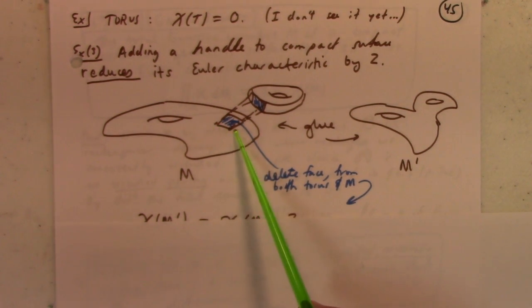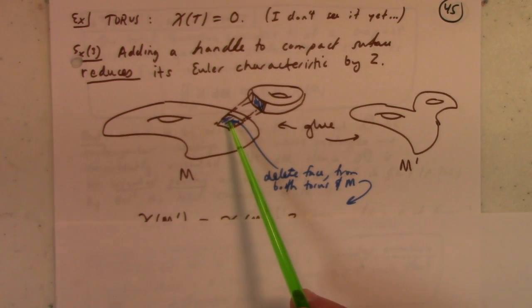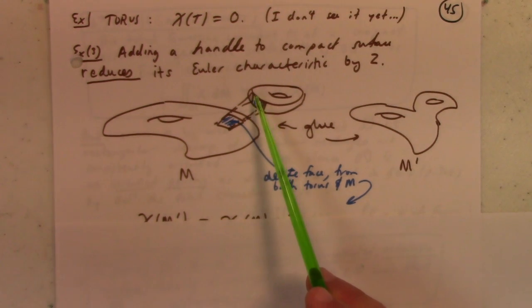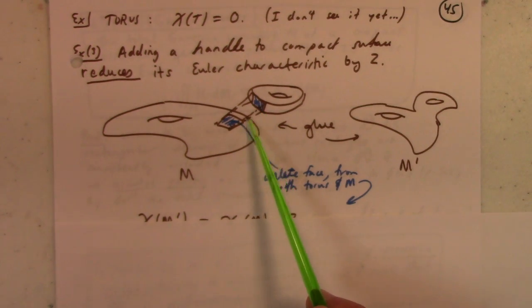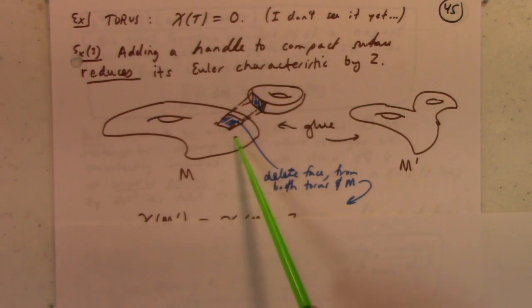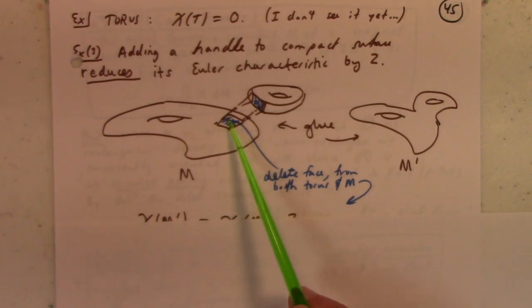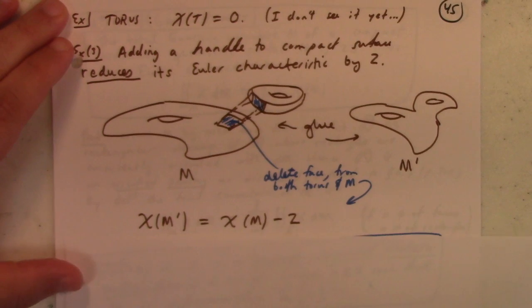I'm not sure I believe that. Seems like you're adding, I think you're adding, I would say on M you're adding 4 vertices and 4 edges, but v minus e is 4 minus 4 is 0, so yeah, that makes sense.